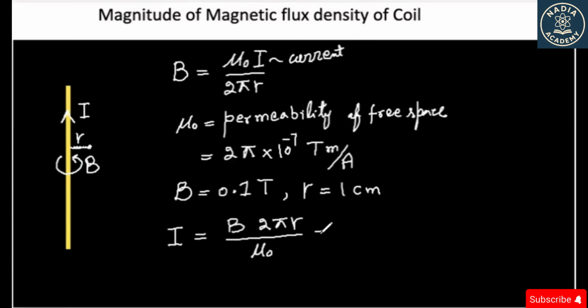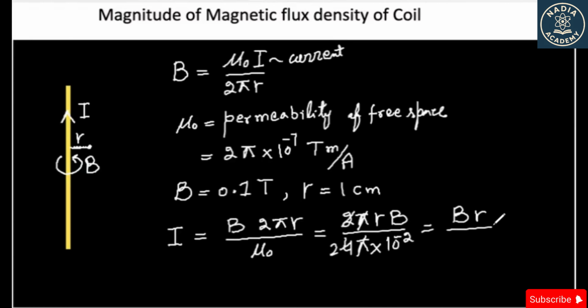We can simplify this: 2 pi r times B divided by 4 pi times 10 raised to power minus 7, the value of permeability. So pi cancels with pi and the 4 becomes 2. Then our formula is magnetic flux density B times r divided by 2 times 10 power minus 7. Sorry, this is minus 7.